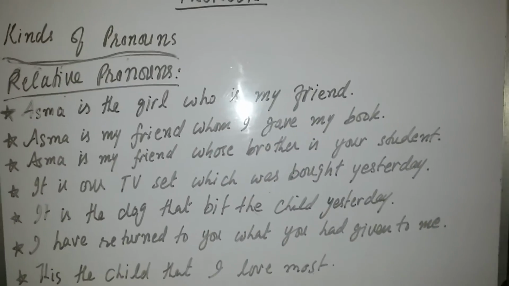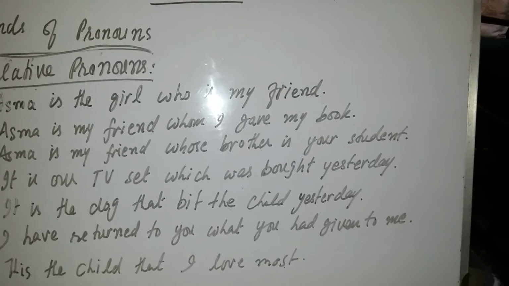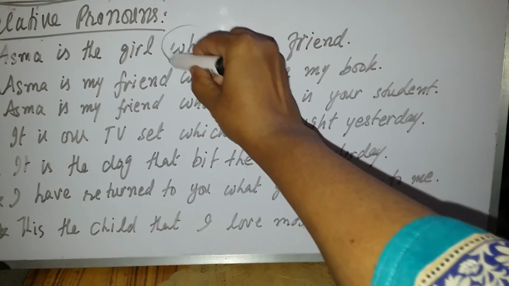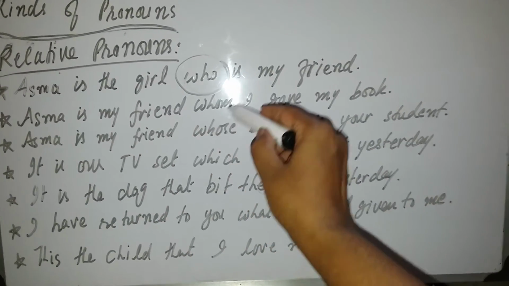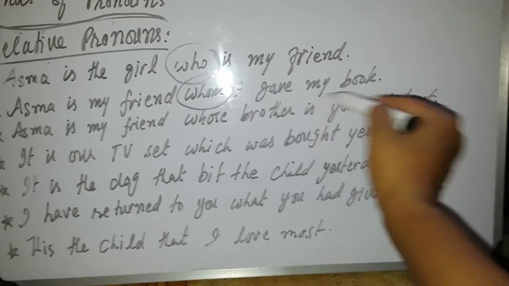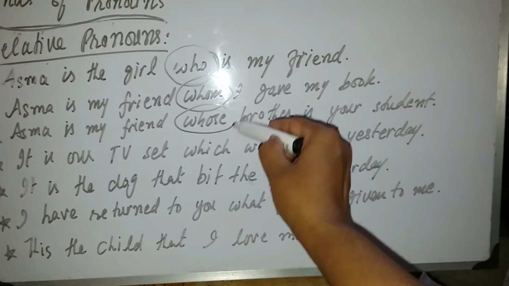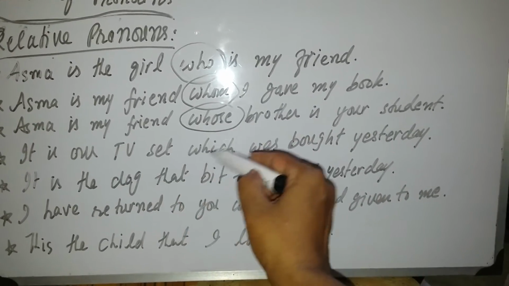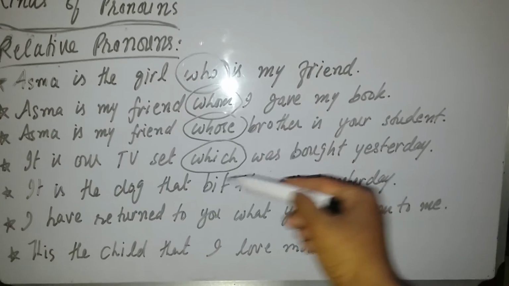Now these are examples of relative pronouns. Asma is the girl who is my friend. Asma is the girl who is my best friend. Asma is my friend whom I gave my books. Asma is my friend whose brother is your student. It is our TV set which was bought yesterday.